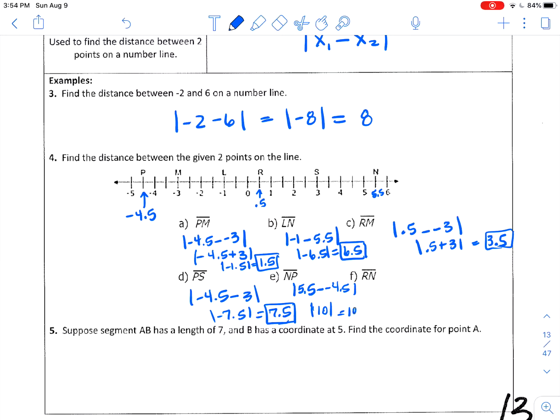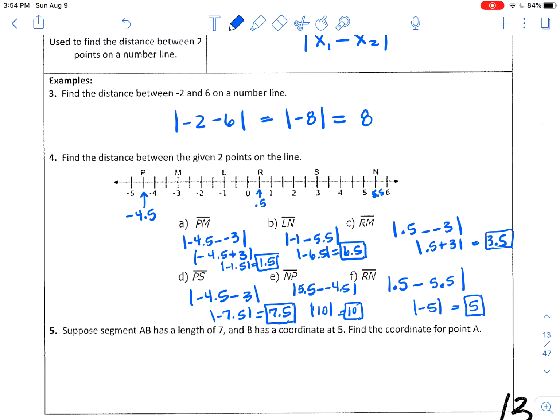How about 10? Absolute value of 10 is 10. And last one, F from R to N. So R is at 0.5, and we're subtracting the coordinate for N, which is 5.5. So 0.5 minus 5.5, well, that is -5. And the absolute value of -5 is 5.